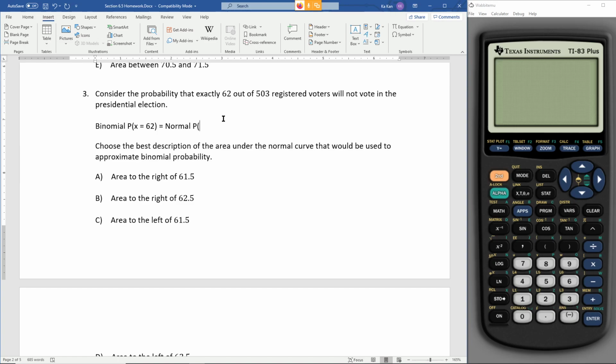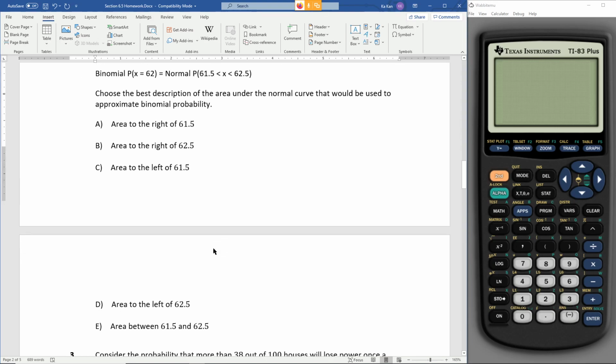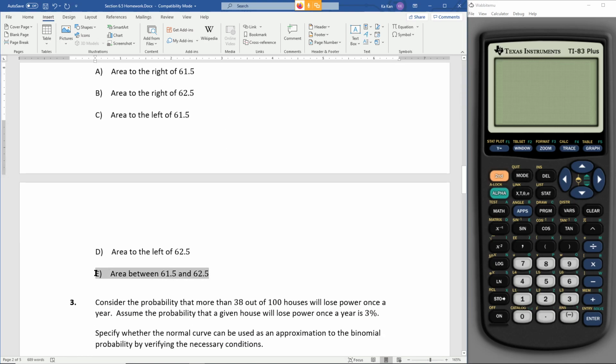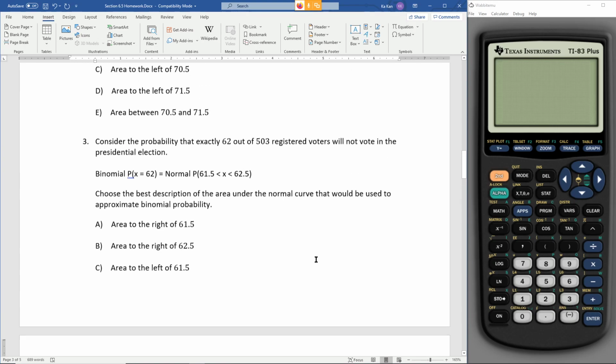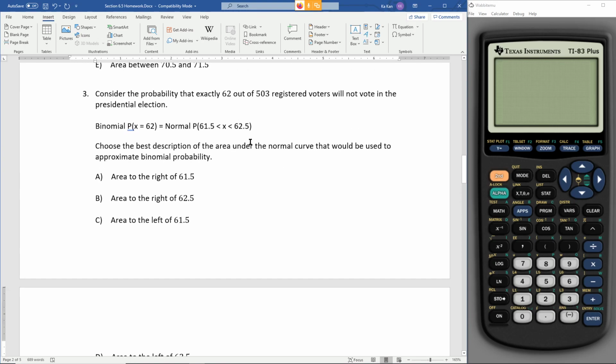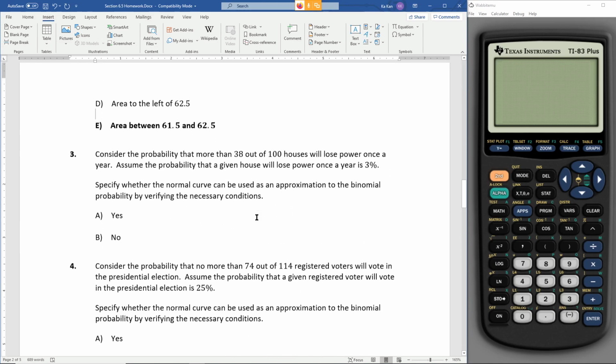Well, if it's exactly 62, then you're talking about between 61.5 and 62.5, right? Because it's equal to that, right? Like this. So there will be the area in between those two. Okay. So not too bad, right? You just got to think about any one individual number. You have to take the range for 0.5 before and 0.5 after.